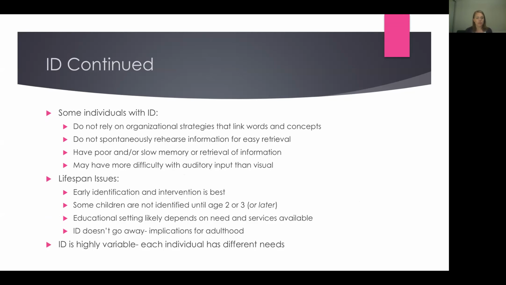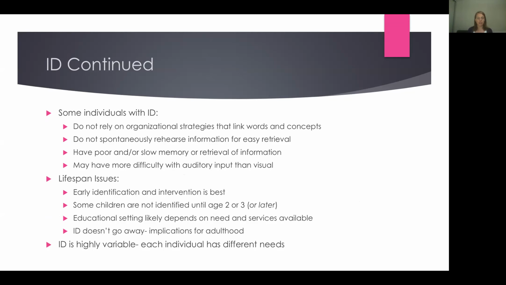We know that some of these people have trouble relying on organizational strategies that link words and concepts. So it's hard for them to piece things together the way that other people can do. We know that when they're learning new things, they don't really spontaneously rehearse that information. And because they don't rehearse it, then they have a really hard time retrieving it later on. It's never really solidified in their memory.